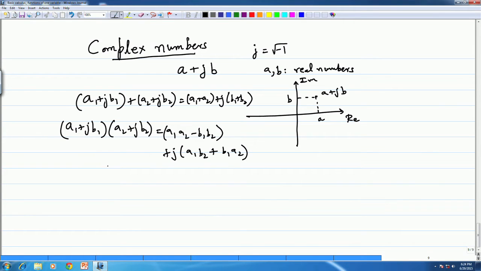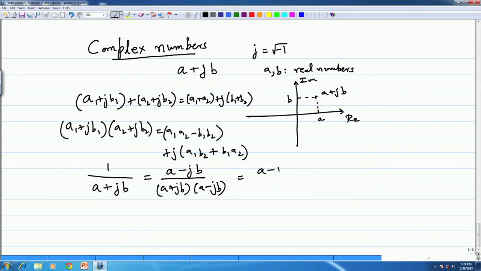And the other little trick you might want to remember about complex numbers is inversion. If you want to do 1 by a plus j b, you have to multiply by the complex conjugate, which is a minus j b, and if you do a plus j b times a minus j b, you get this magical cancellation of the imaginary part and it becomes real.